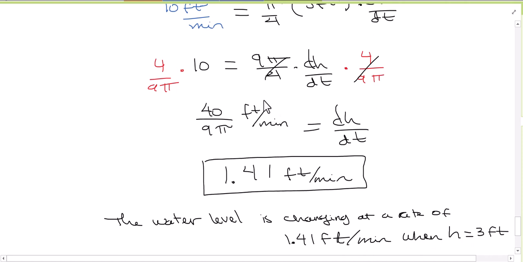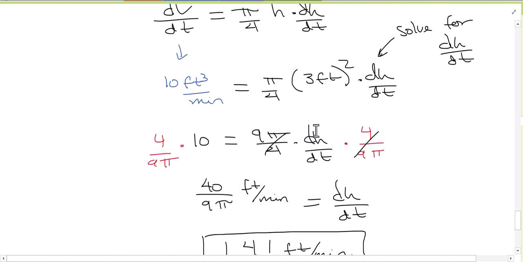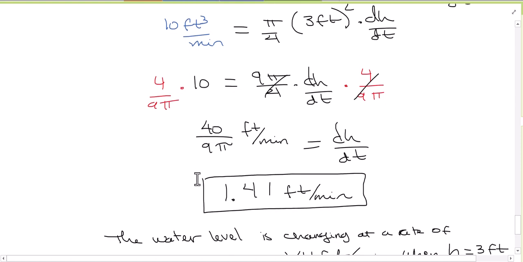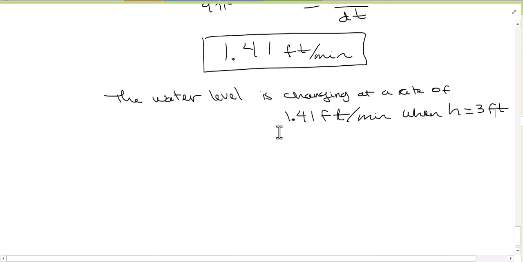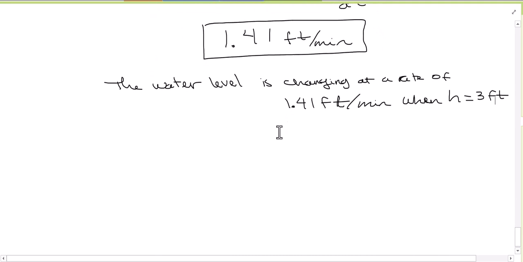Notice that if it's at 2 feet, that's going to be different, right? If you plug in 2 here, 2 squared is 4, so you're just going to have pi times dh/dt, so it will be 10 over pi. So the rate of change is different, right? And that's the whole idea of this. As things are changing, the rate of change is different as time goes on. So that is another example of related rates.